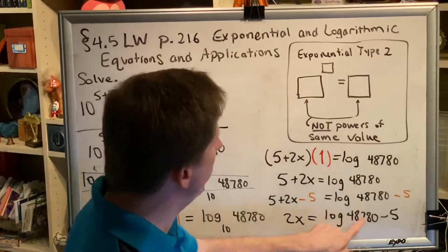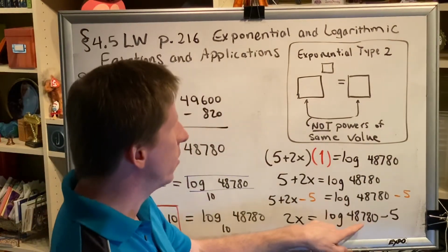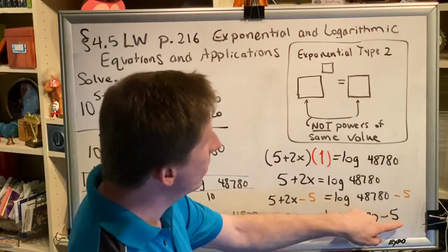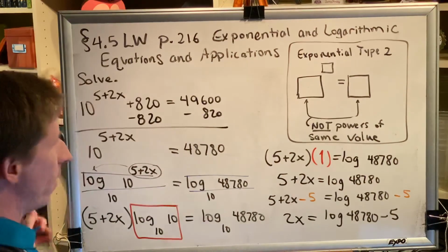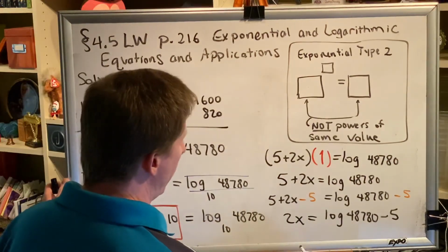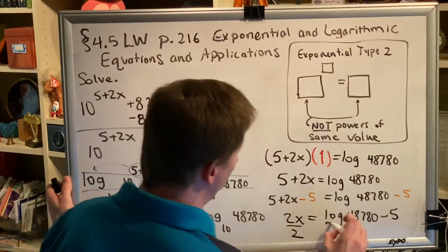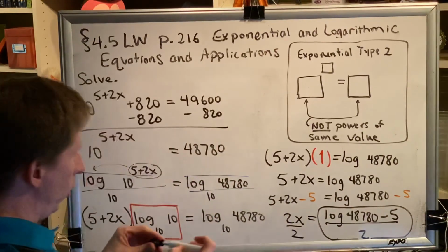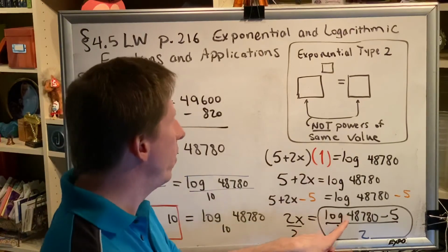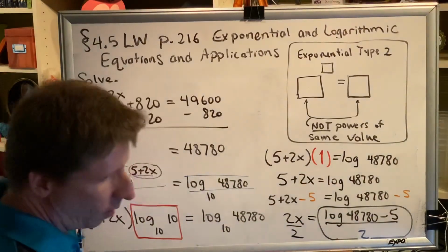Notice that I do not do this subtraction, and the reason why is because the log argument and something outside of the log cannot be combined. And then finally, dividing both sides by 2, I'm going to get my final answer: log of 48,780, subtract 5, all divided by 2.